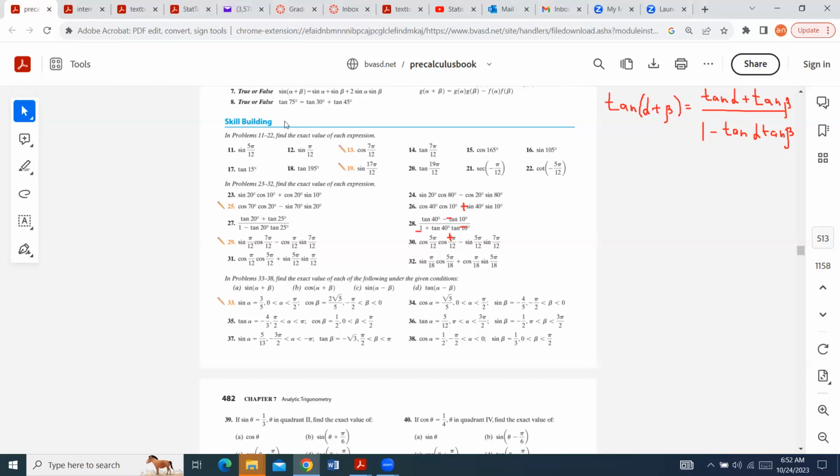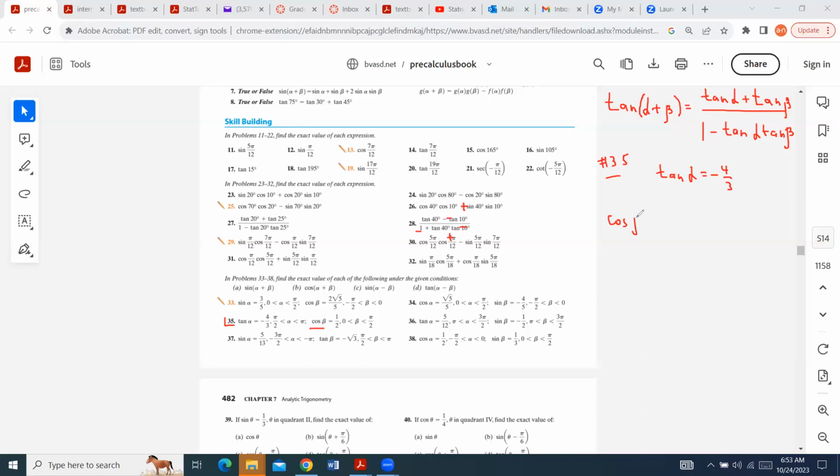Looks like there is a tangent involved here. So I can try to see what they want from us. They give us that tangent alpha is -4/3. Okay, that's a good start. And then we have also the fact that cosine beta is 1/2.